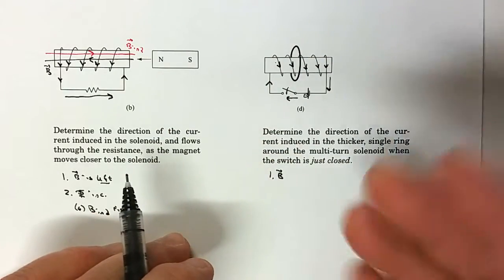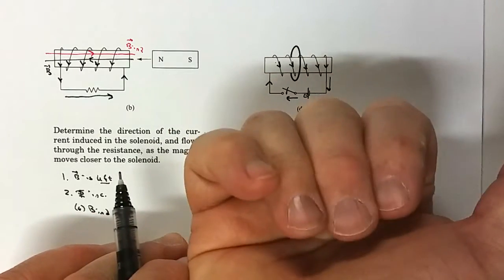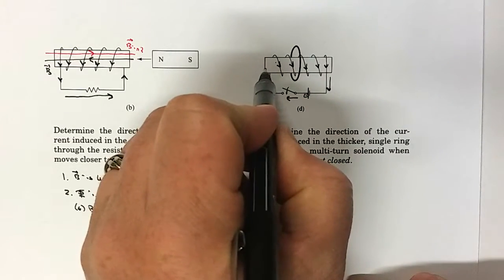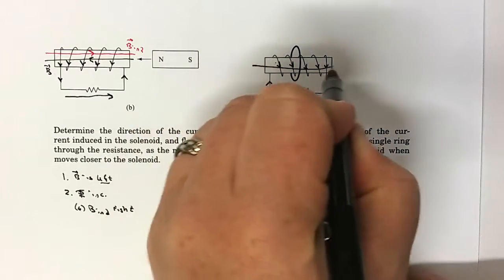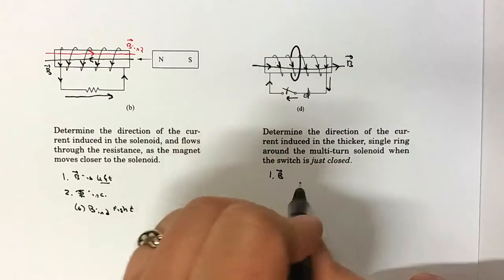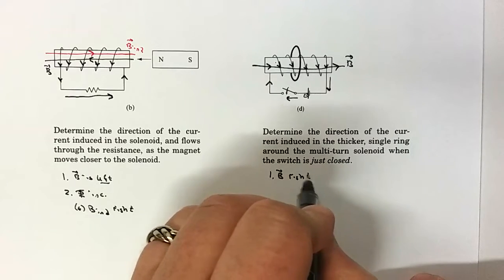So if that current is curling around this way, my thumb is pointing to the right, the magnetic field produced by that current should be to the right.